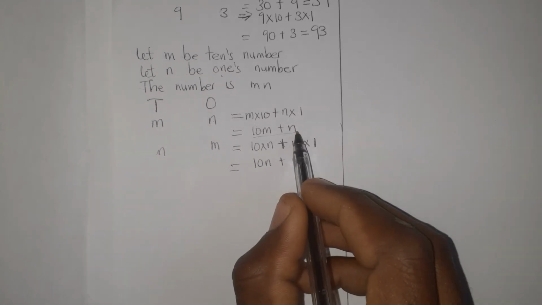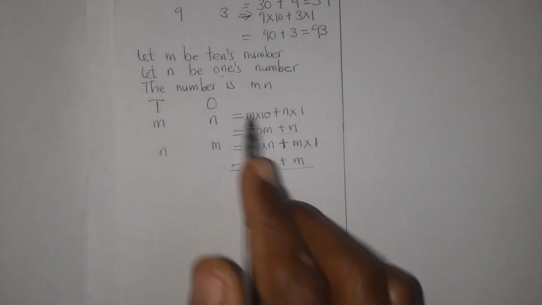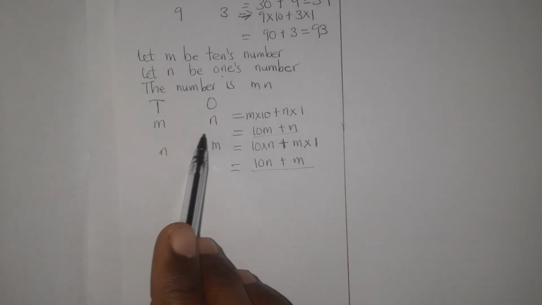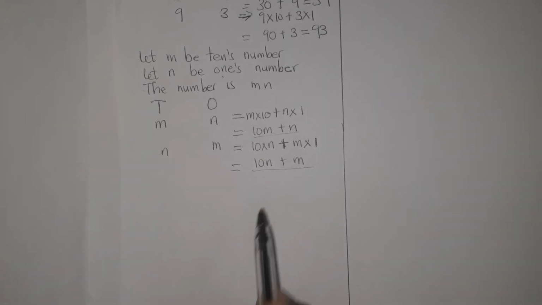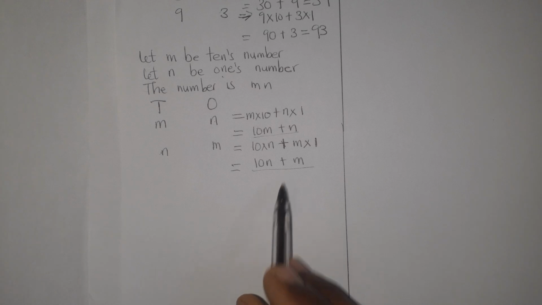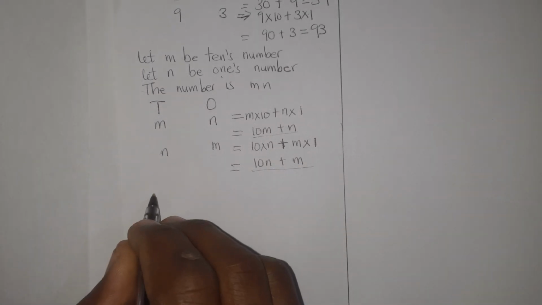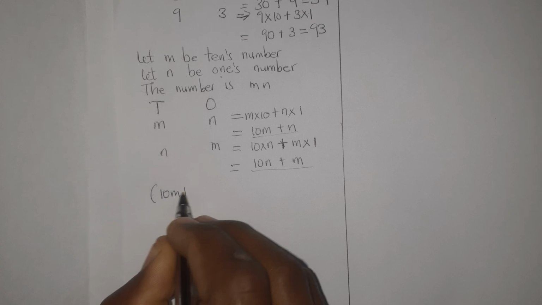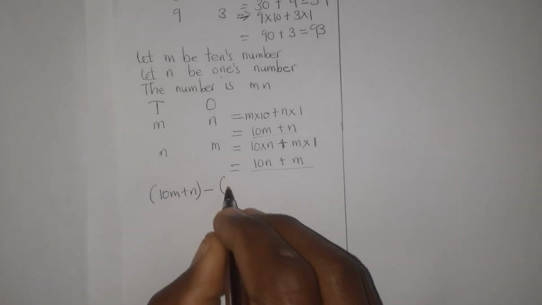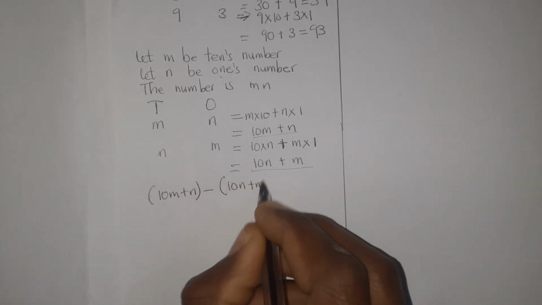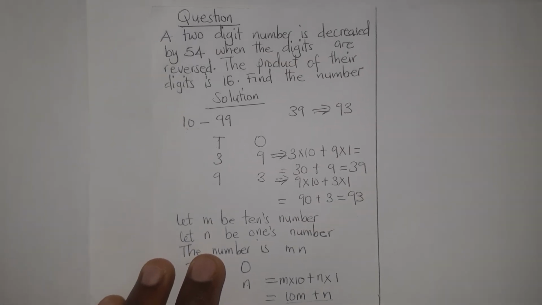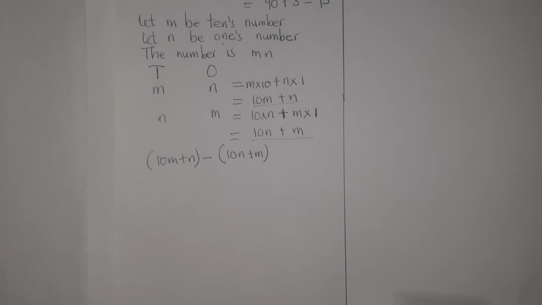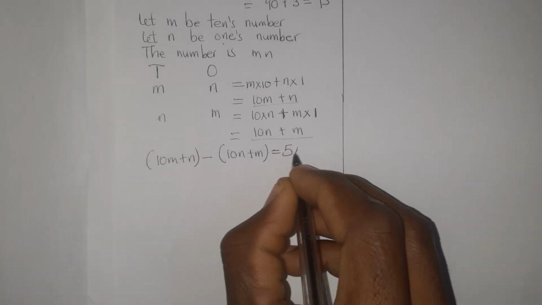That means the original number is greater than the reversed number. So the original number, 10m plus n, minus the reversed number, 10n plus m, is according to the question 54, since it's decreased by 54.